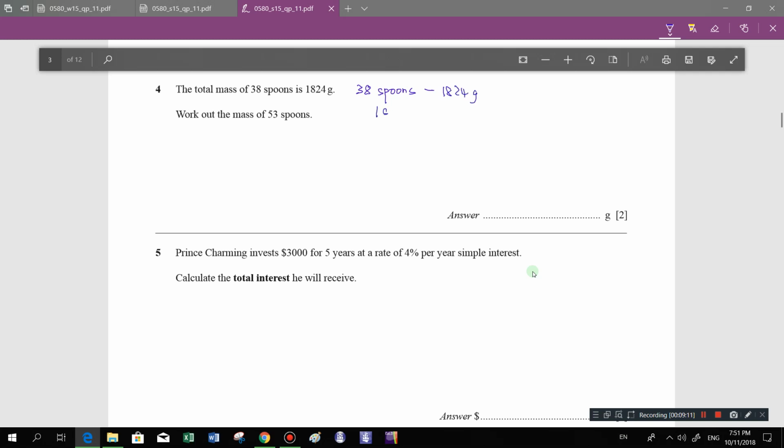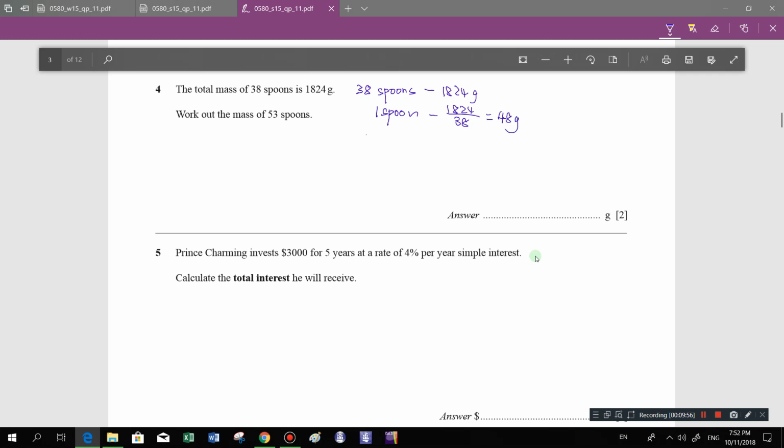Now 1 spoon is basically 1824 divided by 38, which is 48 grams.